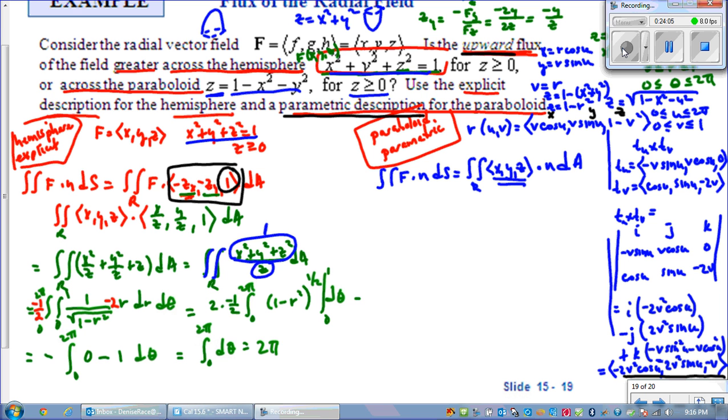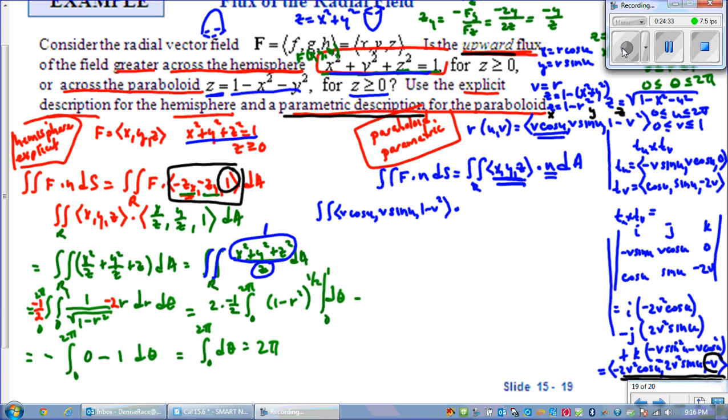Okay, the next step we need to do is to change this vector field f to our parameters u and v. So we're going to have the x, which is this. So we'll have v cosine of u, v sine of u, 1 minus v squared, dotted with the normal vector. Now check the normal vector out. Is it in the upward direction?